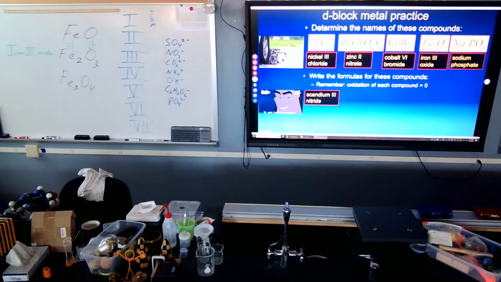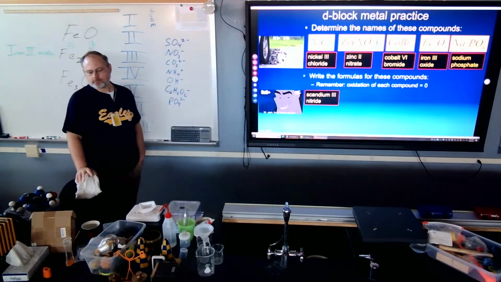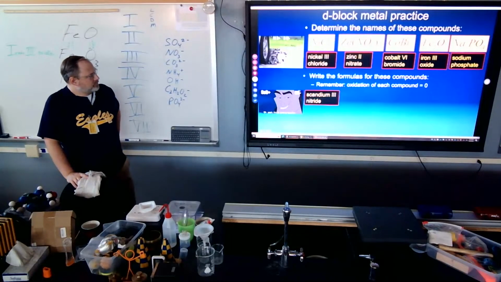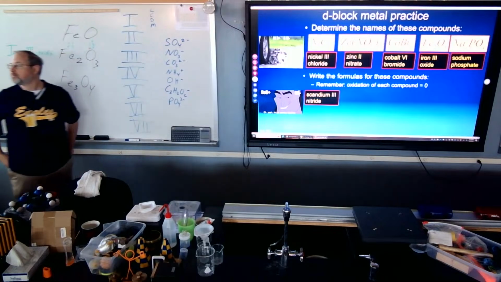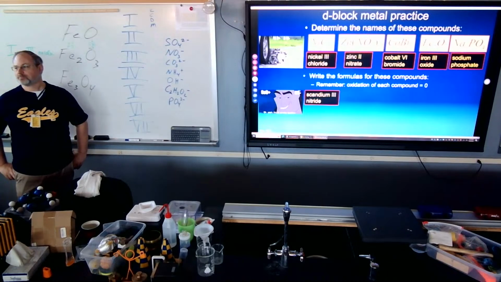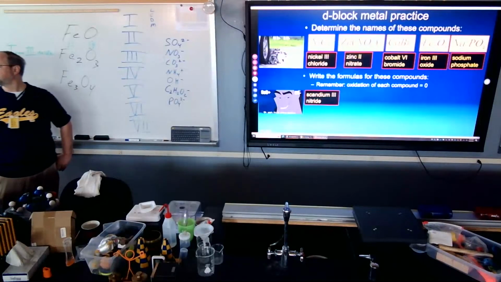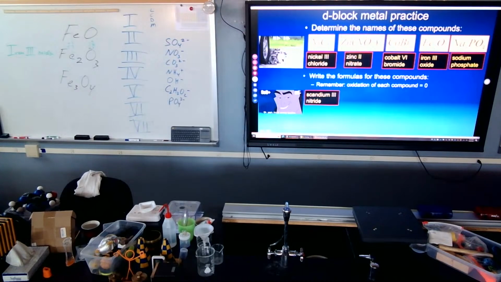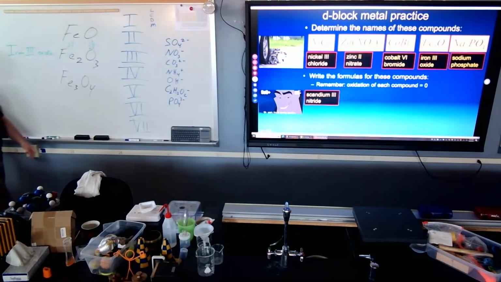Nitride is just like its own thing. Nitrogen is group 15.